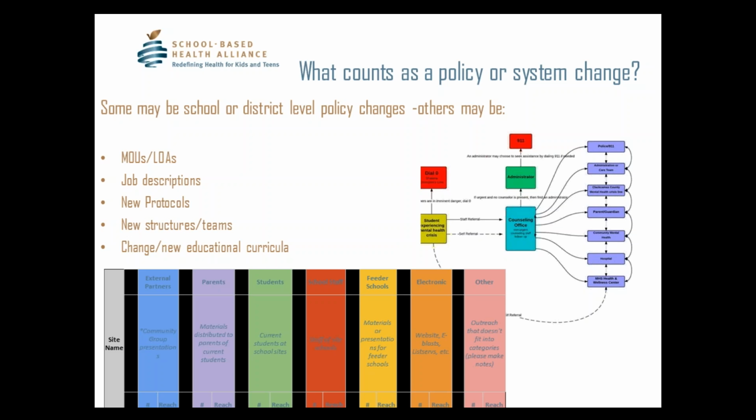So she tracks the number of group presentations, the number of materials distributed. So, you know, this is a great tracking tool. And then on the right, there is a workflow from Milwaukie High School, again, about mental health, and it talks about their referral and follow-up protocol. Okay, so those are all examples of policy and system change.